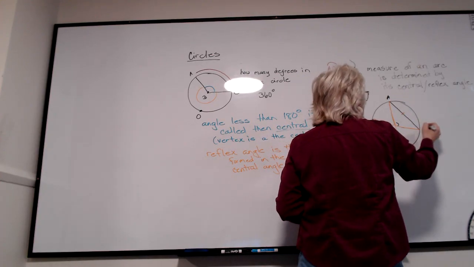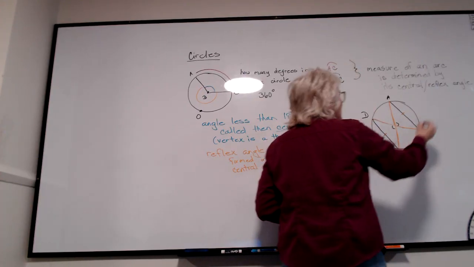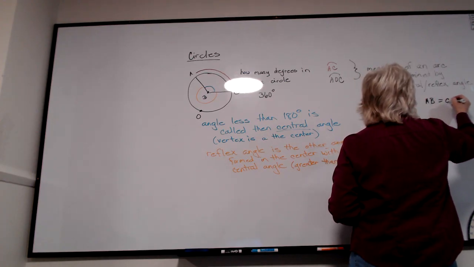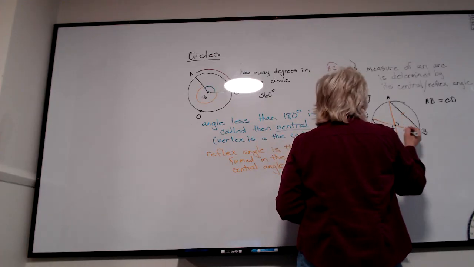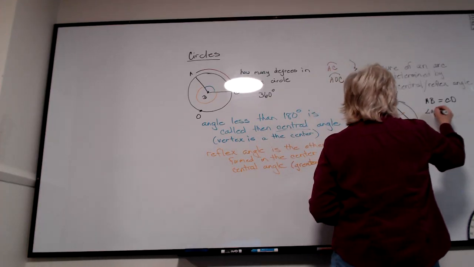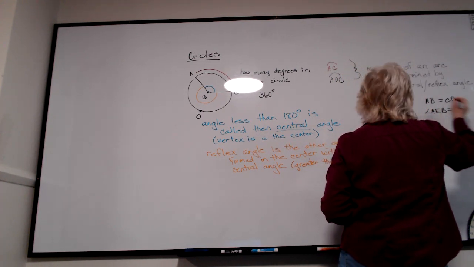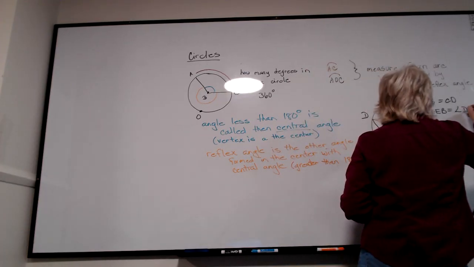So if I call this A, B, C, D, since AB is equal to CD, we'll call this angle E, then angle AEB is equal to angle DEC.